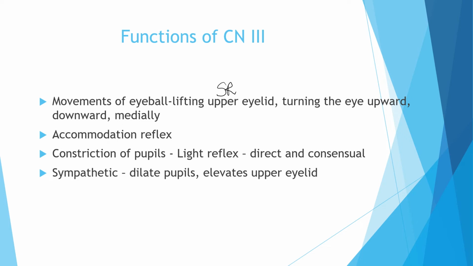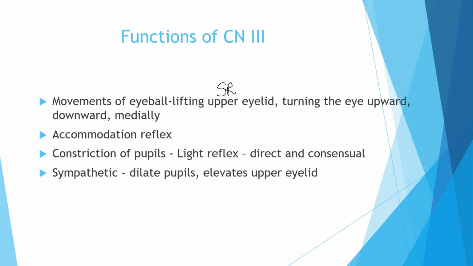Accommodation reflex, which is brought about by the contraction of ciliaris, constriction of the pupils for direct and consensual light reflex by the sphincter pupillae muscle, and some sympathetic fibers which are coming via the oculomotor nerve, which are taken from the sympathetic plexus around the internal carotid artery.